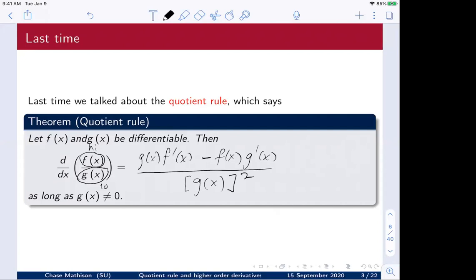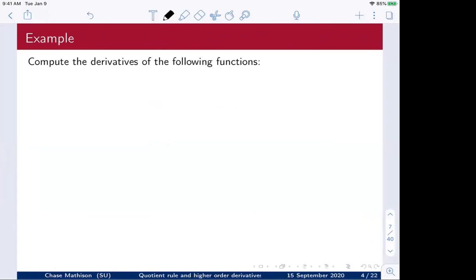So we did several examples last time. We're going to do a few review examples today. Today we're going to compute the derivatives of the following functions. F of x is equal to the cotangent of x.